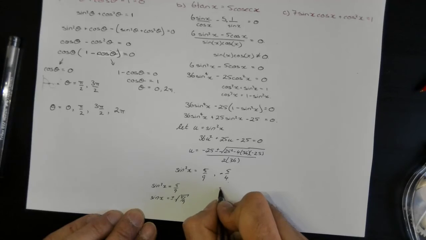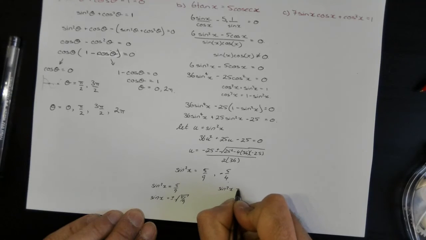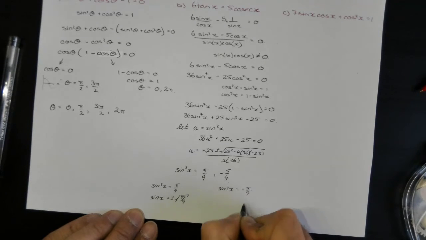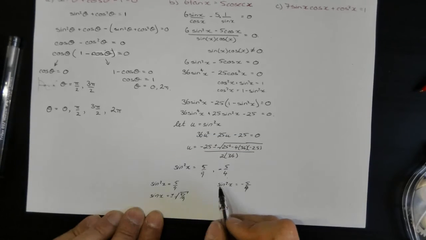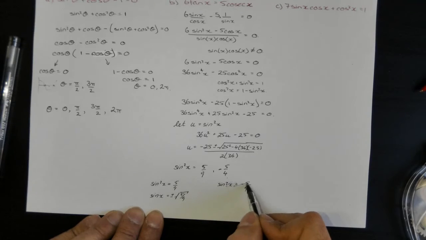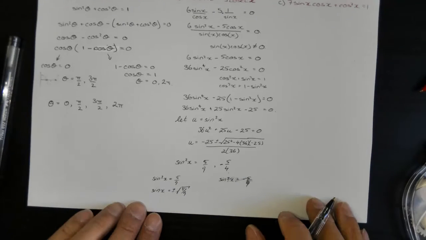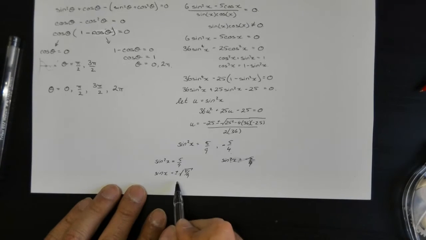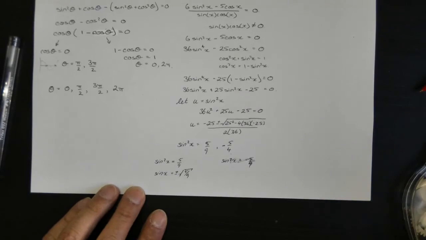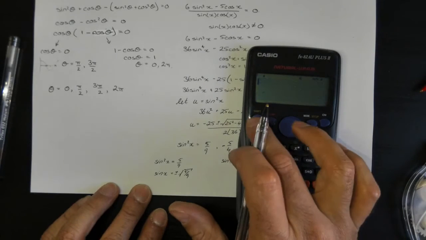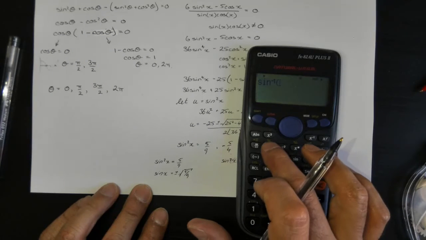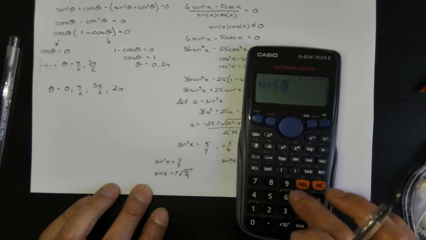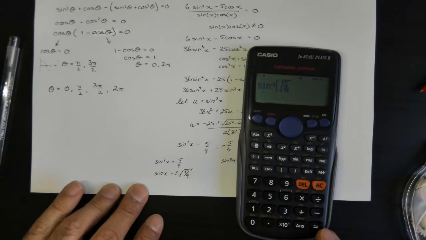Now this one is negative 5 over 4, and we can just ignore this because when you take a square root of a negative, at the moment we can't do that, so that goes away. So we're only really looking at this situation. So using our calculator, what is inverse sine of positive root 5 over 9?